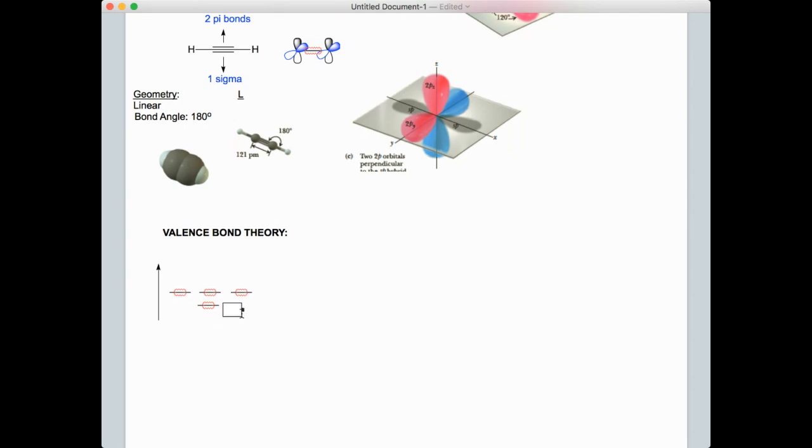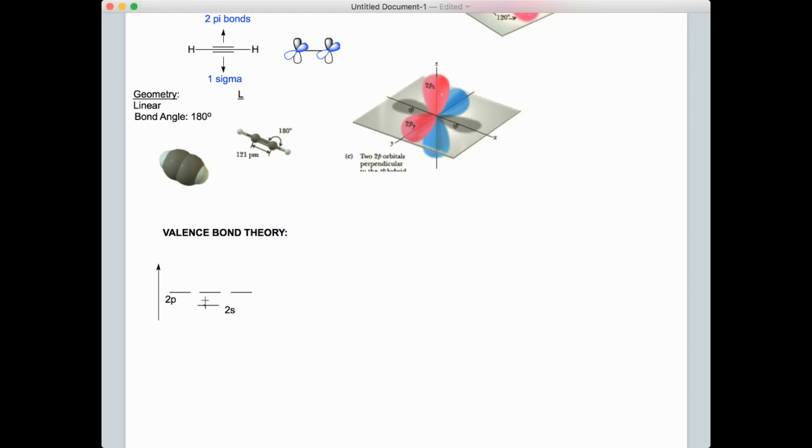I'm going to label this as 2s, and here we're going to have the 2p. You should know at this point that one of them is px, the second one py, and the third pz. That's not a big deal. How many electrons are in the valence shell of carbon? We have 4 electrons in the valence shell of carbon.